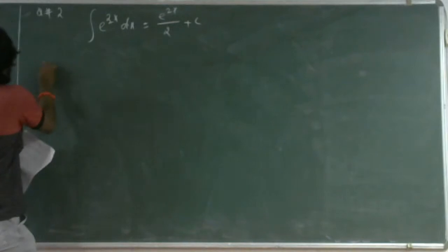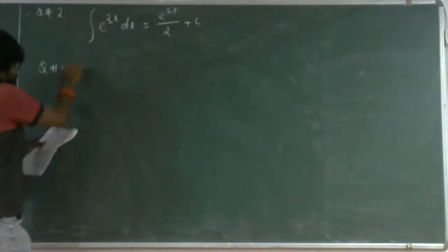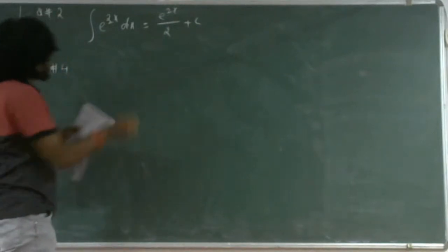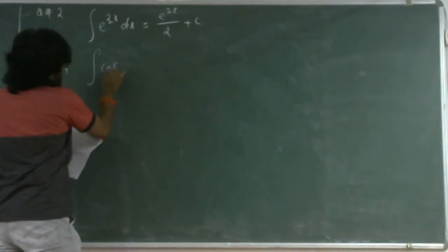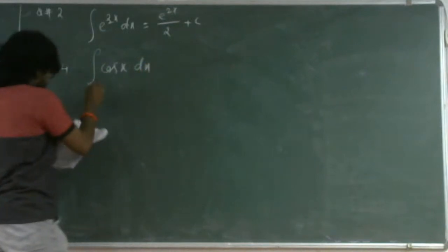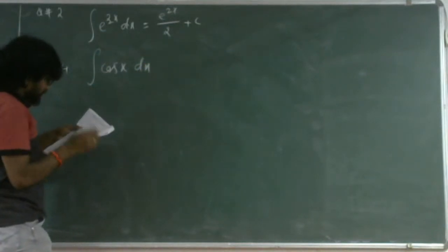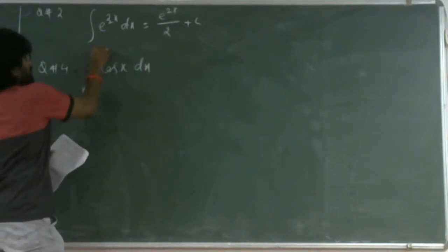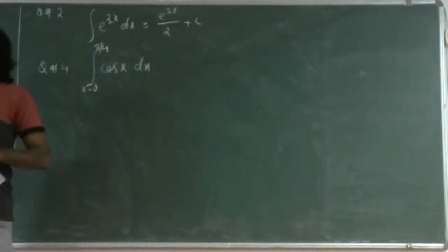So question number 4. Integral of cos x dx, where the limits go from x equal to 0 to pi by 4.